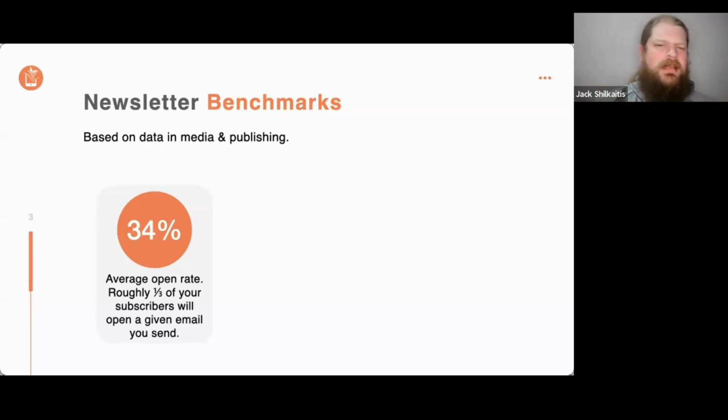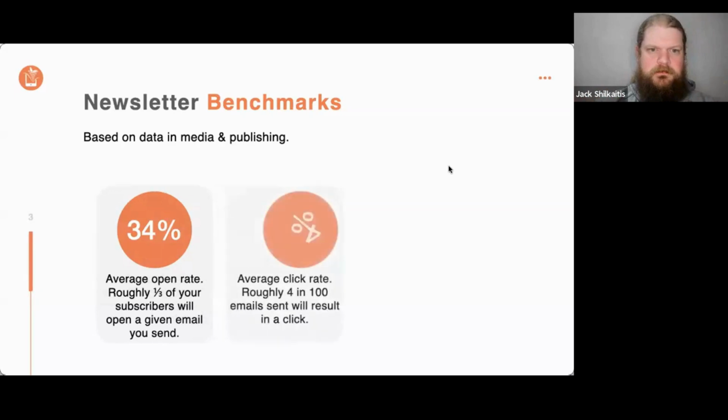That one's pretty simple. Just make sure that you're using the same name for your email marketing and you're not changing that up. Keep that the same and make it clear. Maybe put author before your name so they know that it's that author newsletter, for example. But your open rate, this is the target that you should be aiming for, roughly 34%.